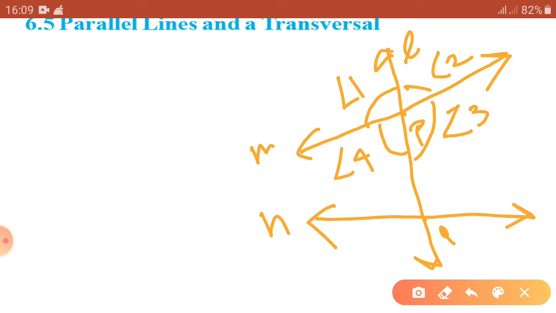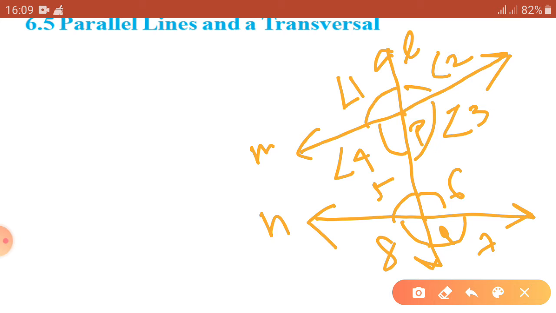Okay, and here this is angle 5, this is angle 6, this is angle 7, and this is angle 8. Got it?